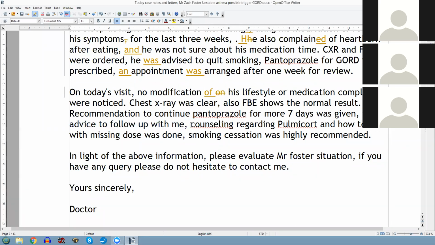Also, I counselled him regarding his medication, and I also recommended that he quit smoking. If you made that sentence active, it would be much easier to read, because how that reads now, it's not very clear at all.